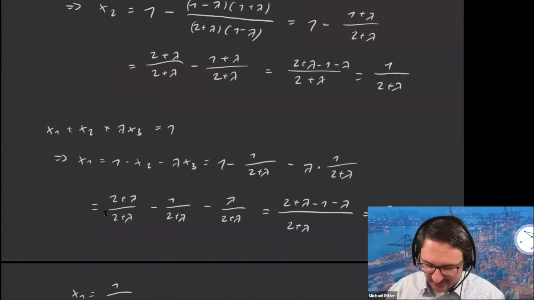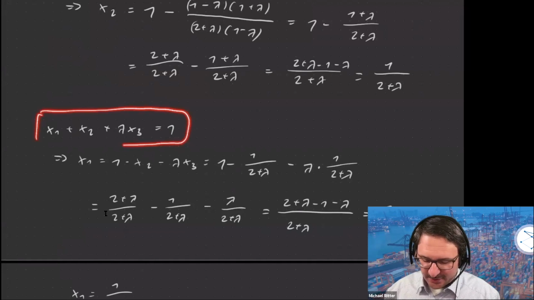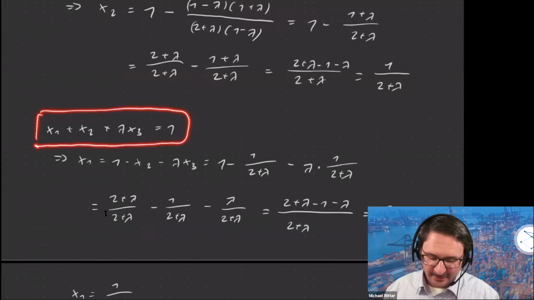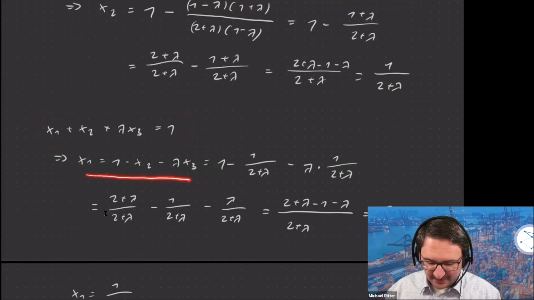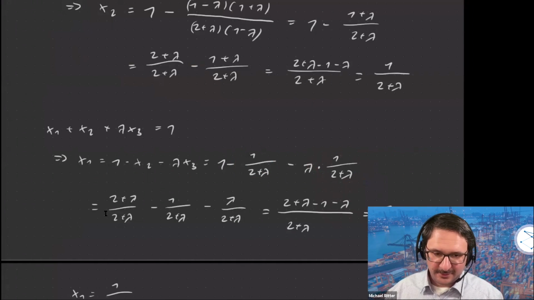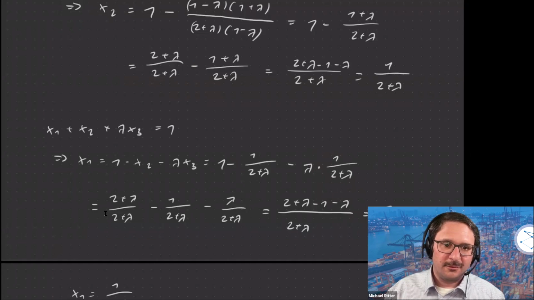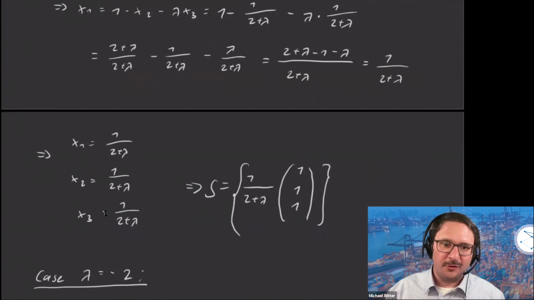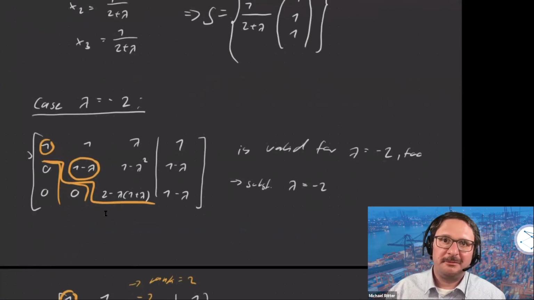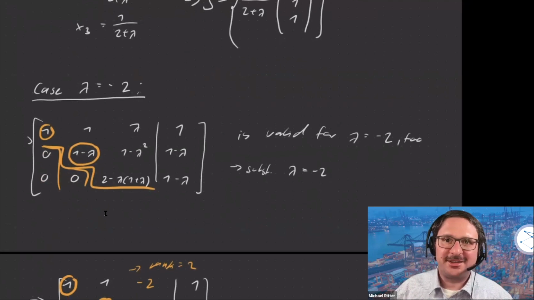And that's exactly what we do here once we know the values for x2 and x3. Then we can solve for x1 and substitute the values for x2 and x3 in there. Hopefully that was what you wanted. Otherwise, please just ask again.